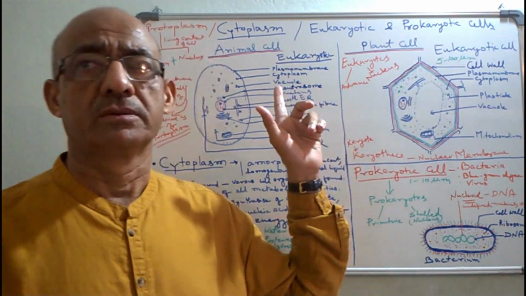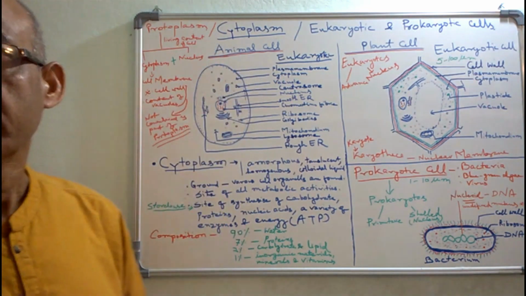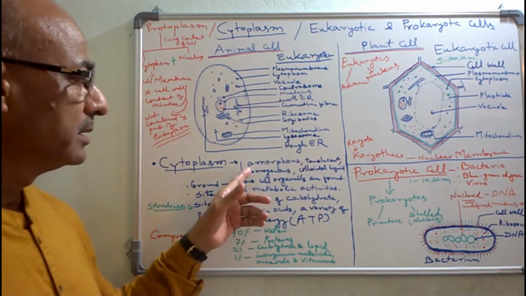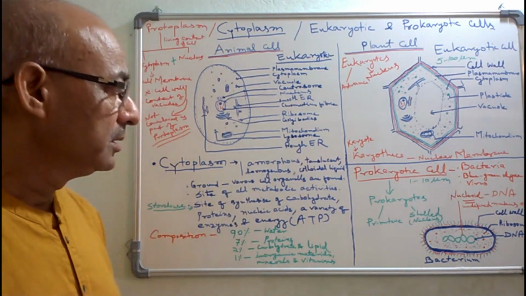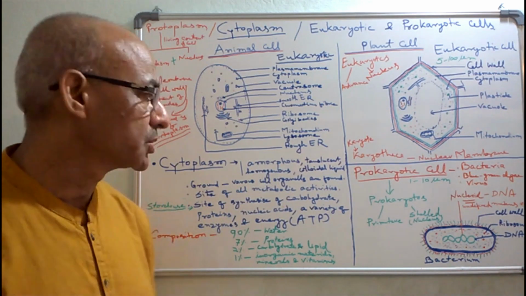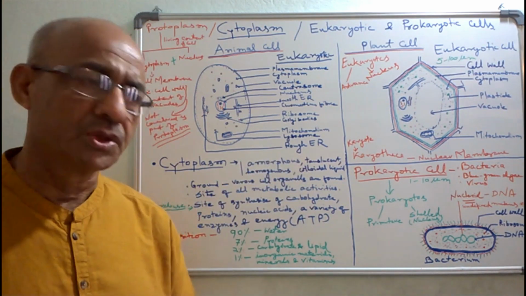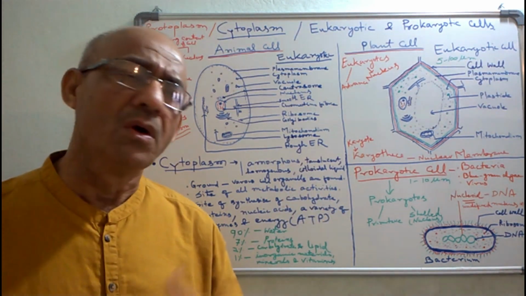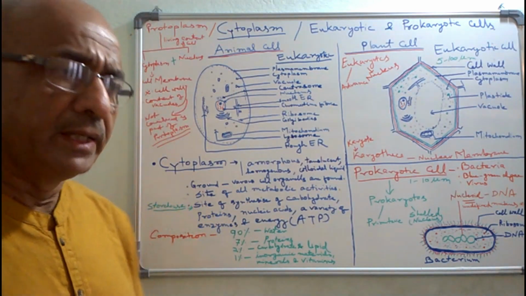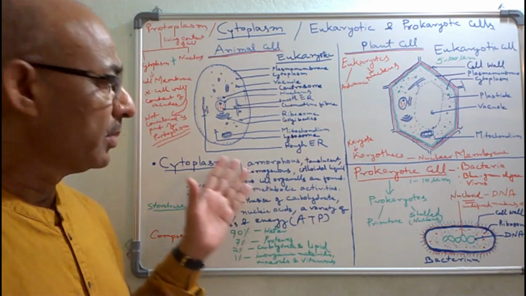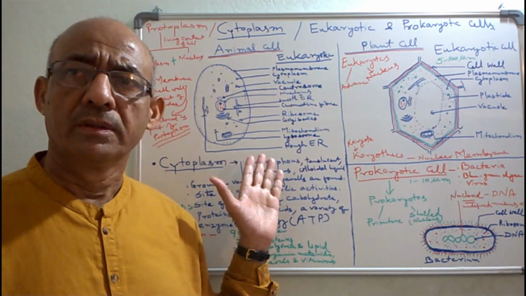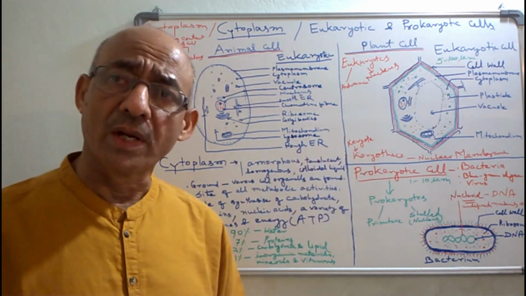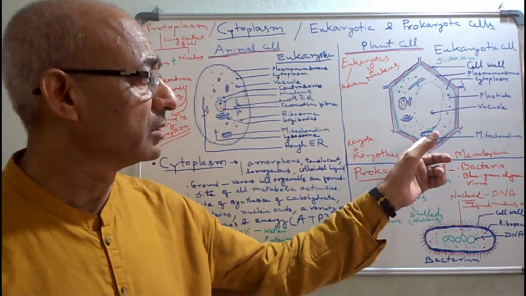Firstly, we will understand what is the cytoplasm. Cytoplasm is an amorphous, translucent, homogeneous, colloidal liquid which is found inside the cells of all the organisms, and it is surrounded by the plasma membrane or cell membrane in the case of animal cells, and in the case of plant cells also by the plasma membrane or cell membrane.